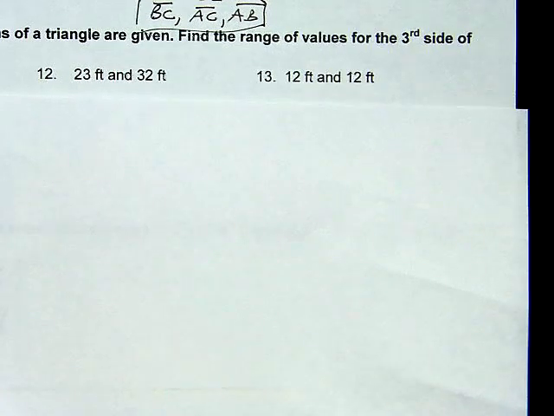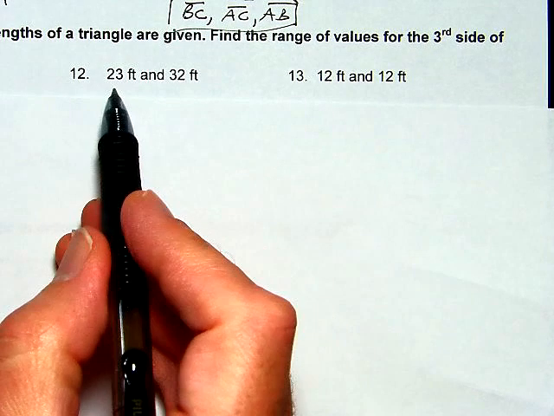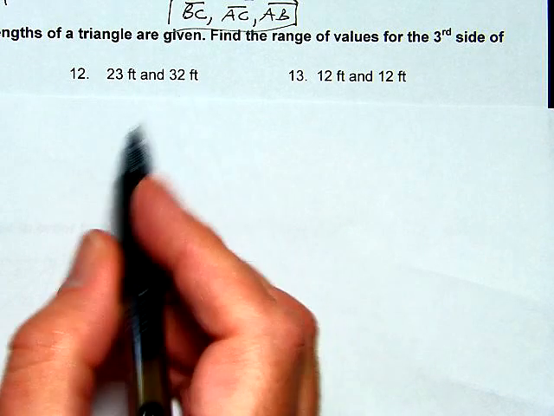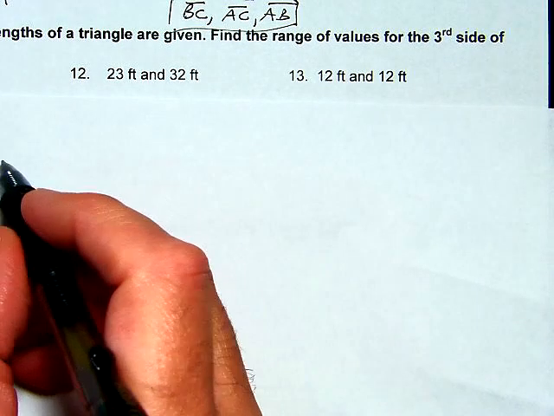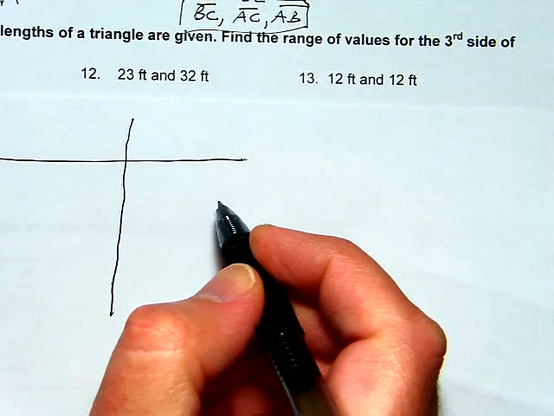So now let's go ahead and do the next problem, which is: two sides of the length of the triangle are 23 feet and 32 feet. And we've got to figure out what other possible lengths of the third side. So again, we've got two possibilities.